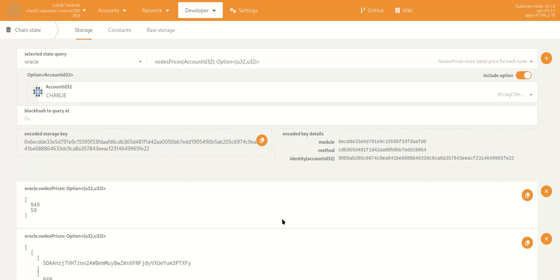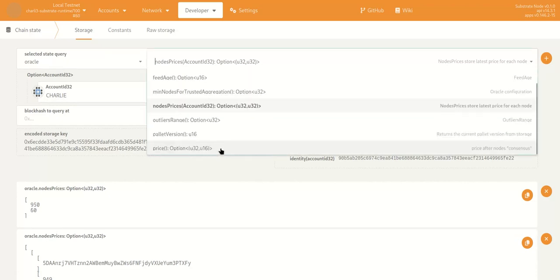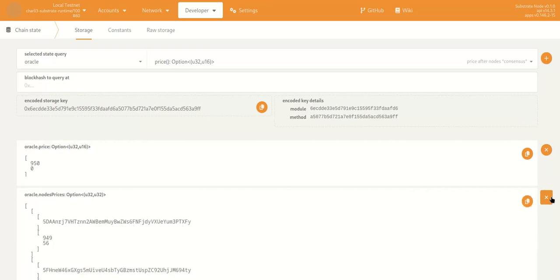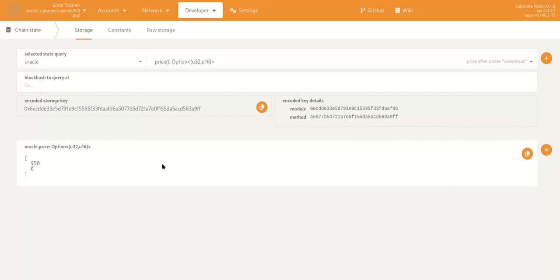Another interesting query is the one for the aggregated price. Here we can see this aggregated price and how old it is as well.